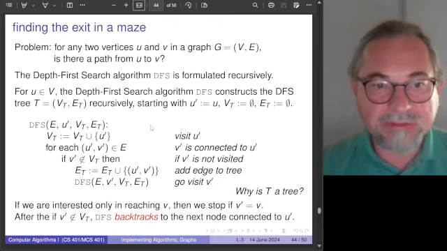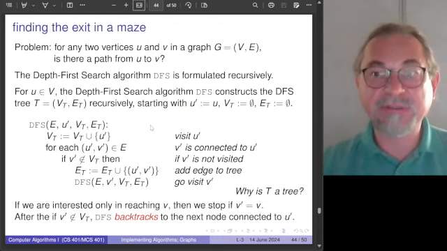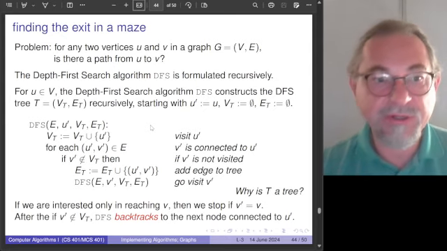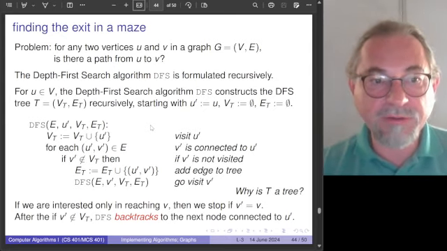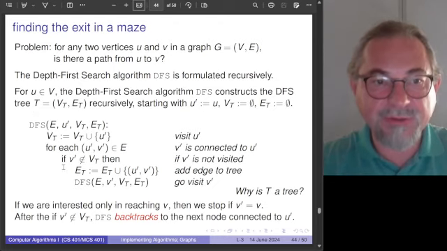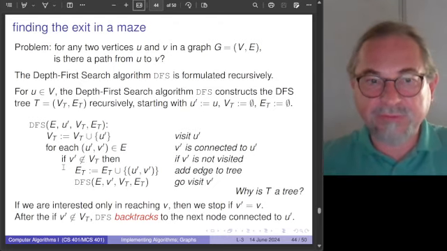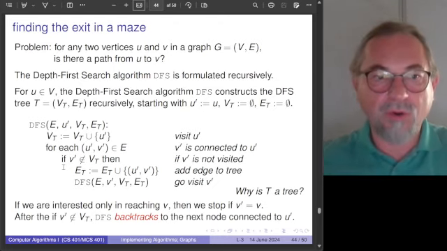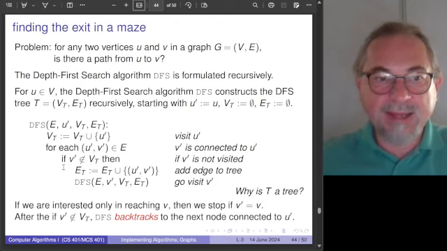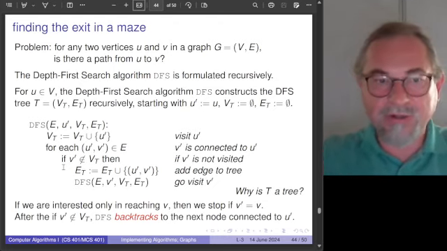Why does this terminate? Same argument as with the previous. The set here, so you consider all the edges, but you can see that the vertex set for your tree only grows, and you consider newer V primes.